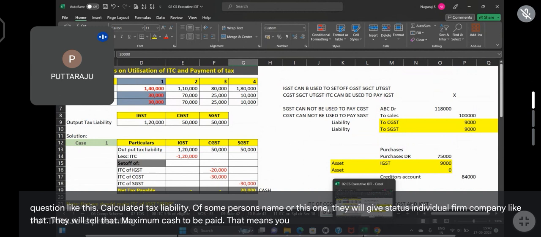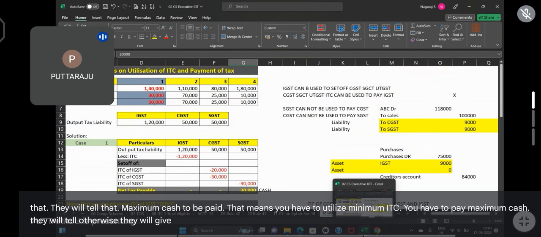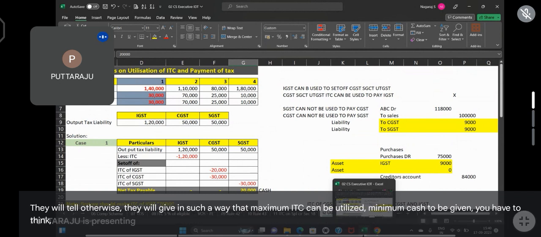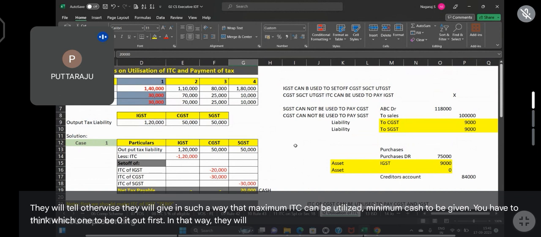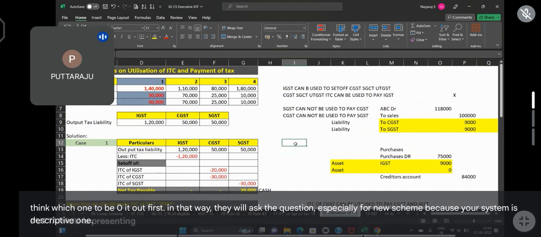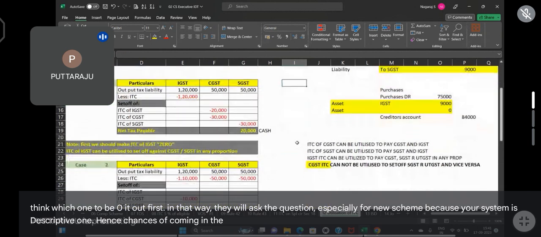That means you have to utilize minimum ITC and pay maximum cash. Otherwise, they will say maximum ITC can be utilized, minimum cash to be paid. You have to think which one to zero out first. They will ask the question in that way, especially for the new scheme, because your paper is a descriptive one. Hence, the chances of it coming in the exam are very high.